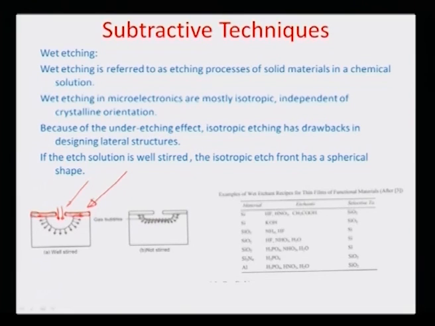And in the process, because it is a homogeneous process, the etchant goes into this etch cavity and starts etching in all directions, resulting in this undercut.